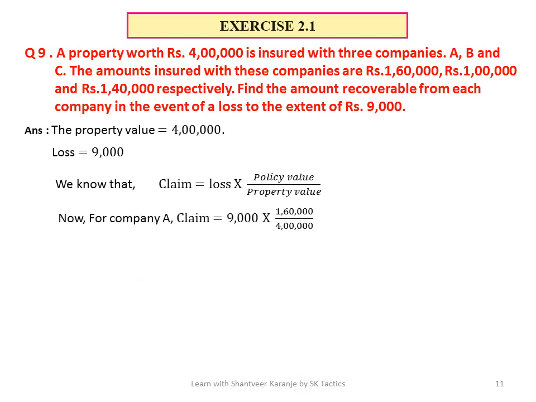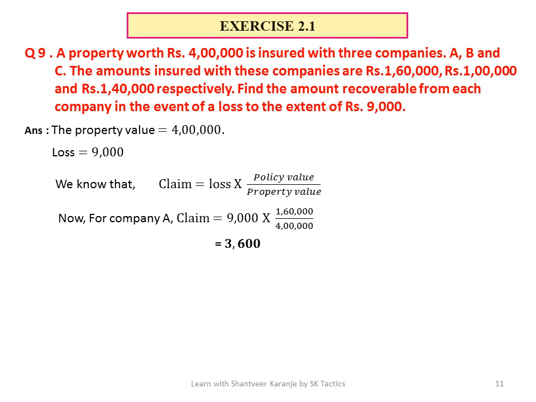For company A, this formula gives me 9,000, which is loss, into 1,60,000, which is policy value of company A, divided by 4 lakh, and the answer is 3,600.